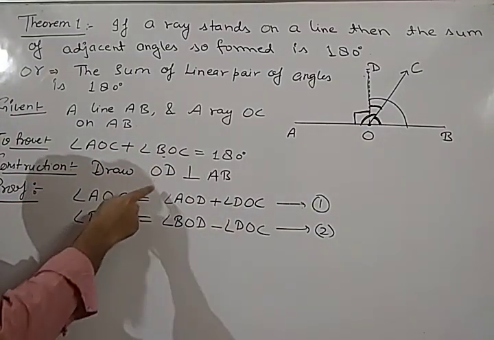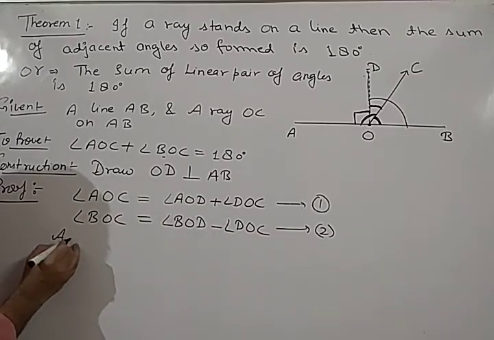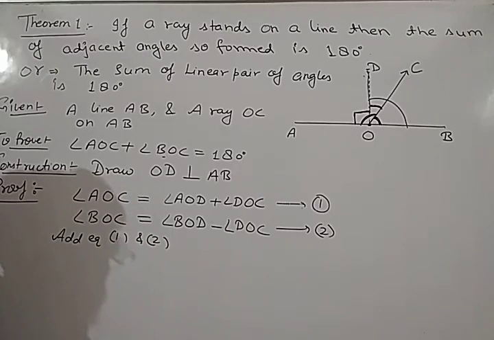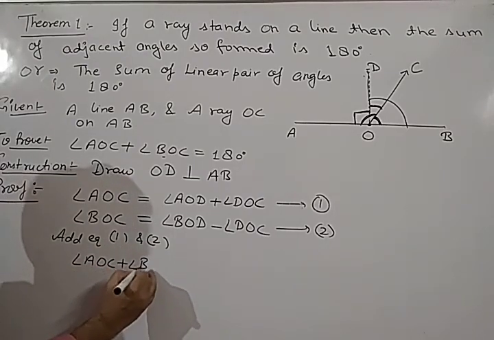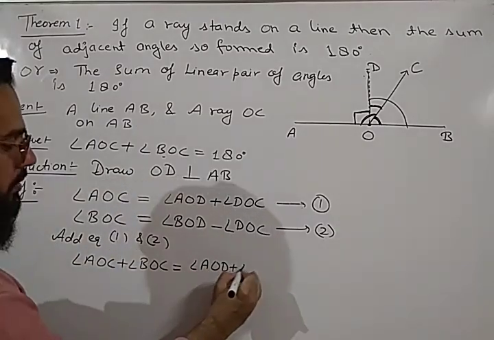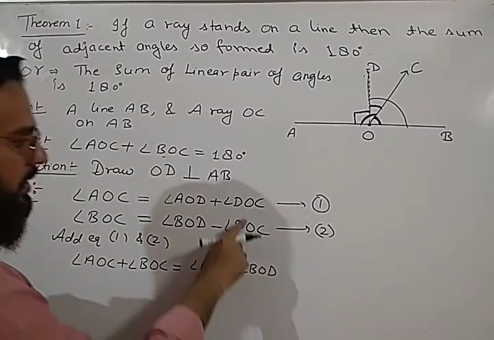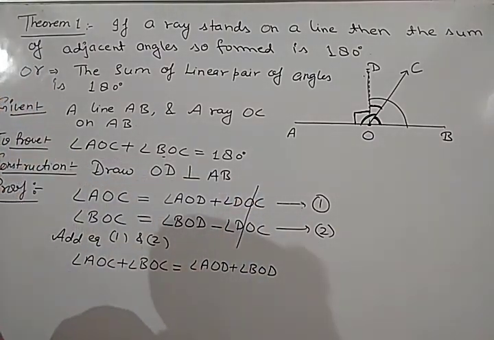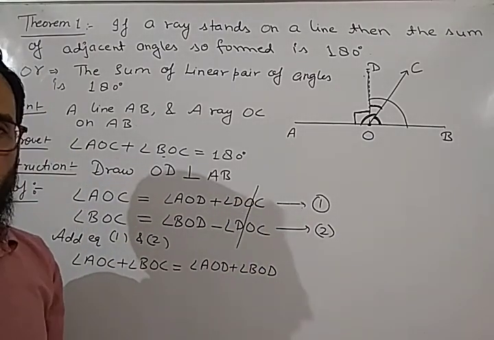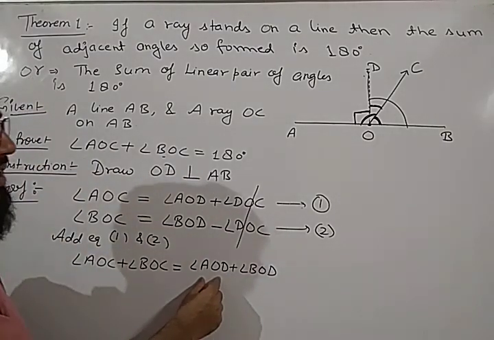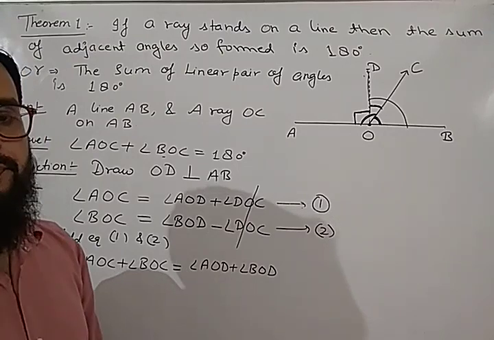If we add equation 1 and equation 2, we will get angle AOC plus angle BOC is equal to angle AOD plus angle BOD plus DOC minus DOC. Plus DOC and minus DOC will be cancelled out. So we get angle AOC plus angle BOC is equal to angle AOD plus angle BOD.